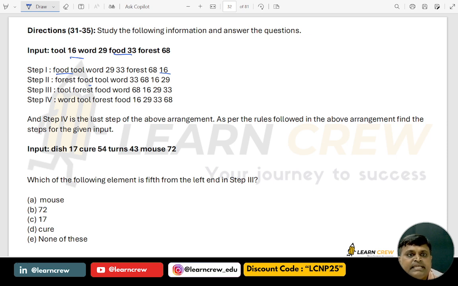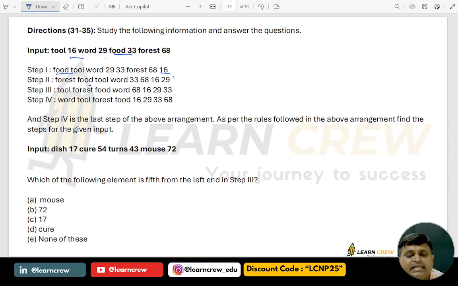Now after 16, the next one arranged is 29. Next one arranged is 33. Next one arranged is 68. So numbers are arranged in increasing order, and even the words also. Here what is the observation? The machine rearranges one word and one number in each step.